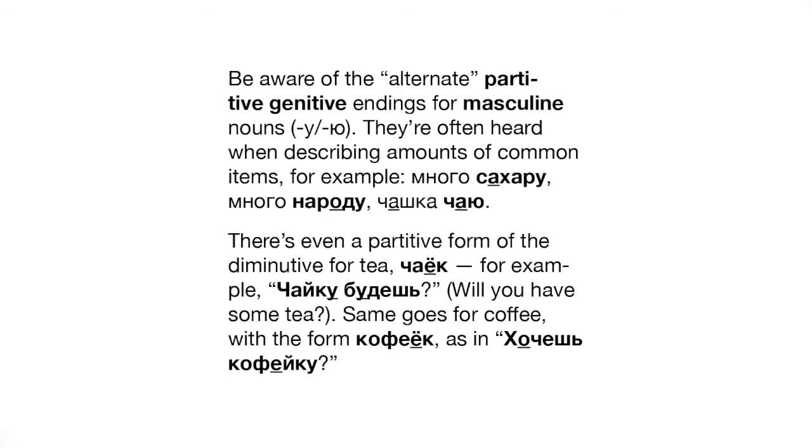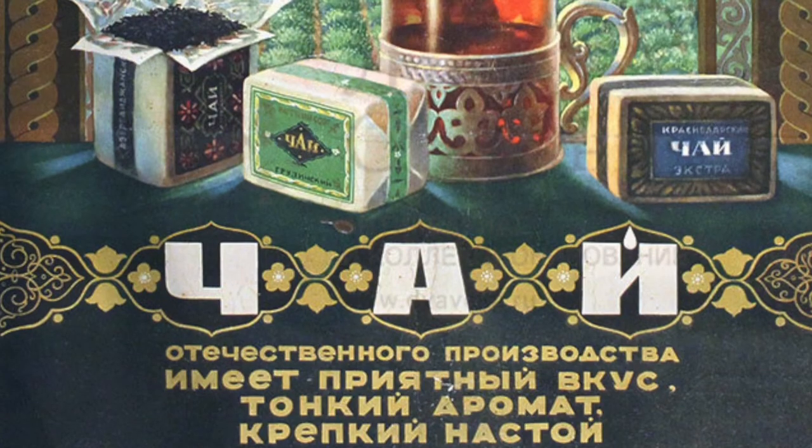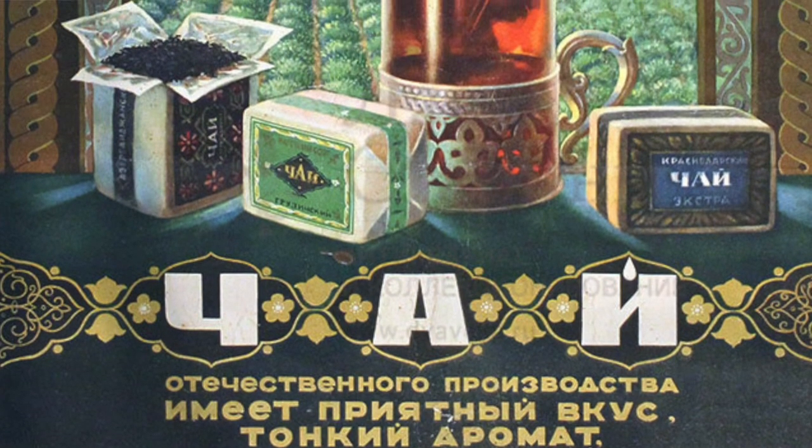So listen up for these expressions like чайку будешь, right? Meaning, would you like some tea, right? Partitive of this diminutive form from chai, чайку, чайку будешь. And for coffee, it would be кофейку. For example, хочешь кофейку, будешь кофейку, right? Do you want some coffee? Will you have some coffee, and so forth.